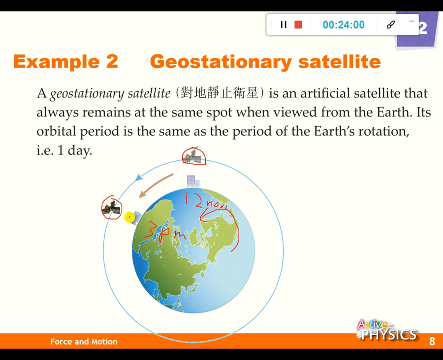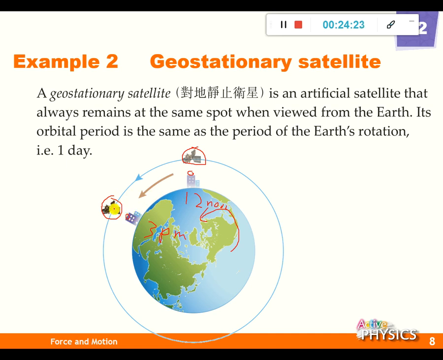Okay, then what do you do? You stand here, you can see this satellite. After 3 hours, it means at 3 p.m., you also can see the same satellite, exactly the same, similar to the moon. Of course, the moon is not like that, only similar. But this satellite is quite strange.